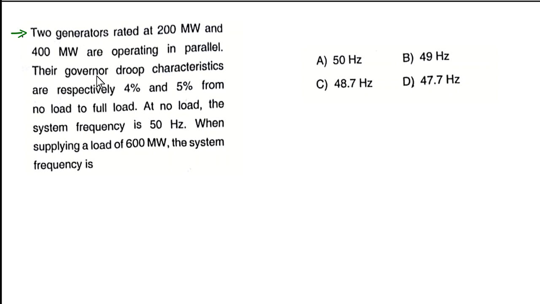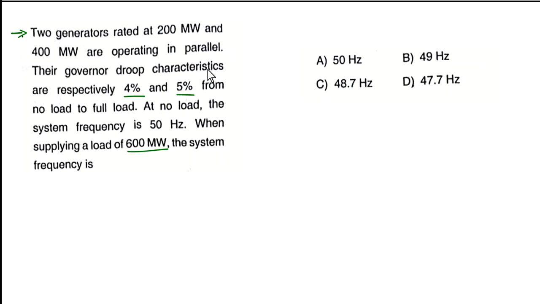Their governor droop characteristics are respectively 4% and 5% from no load to full load. At no load, the system frequency is 50 Hz. When supplying a load of 600 megawatts, the system frequency is? This is a previous year GATE question, which you can find in the GATE examination papers.